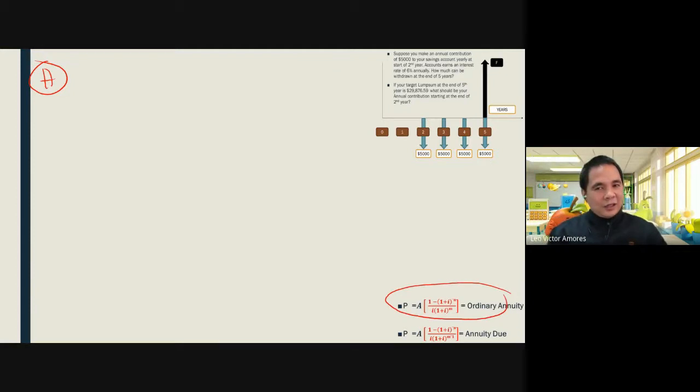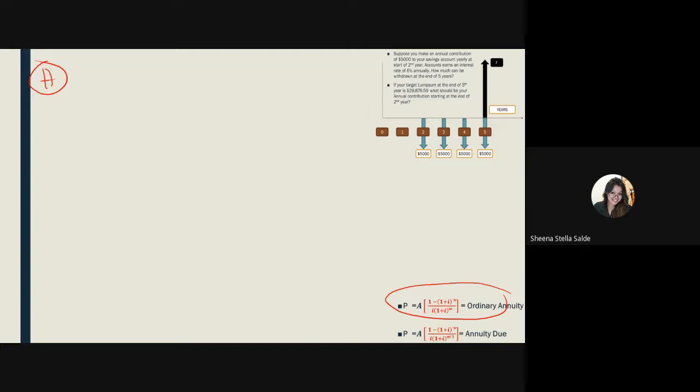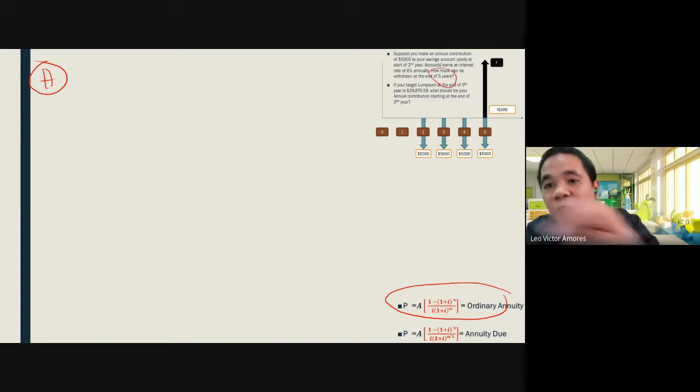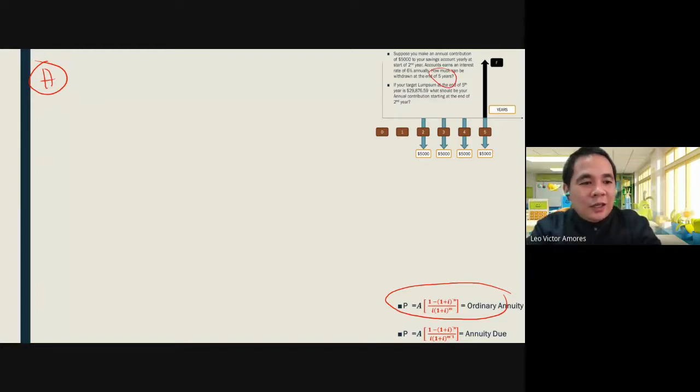The formula for the ordinary annuity is for P. What we are looking for is the value at the end of 5 years, right? So basically, F is equal to P times 1 plus i to the exponent of n. The value you get here is at P, year 0. Meaning this is 1 plus i to the exponent 5.